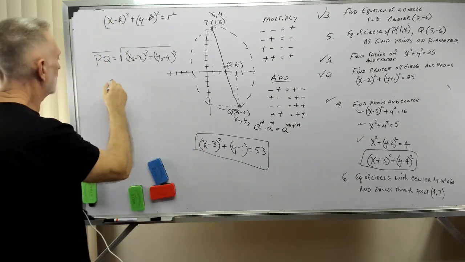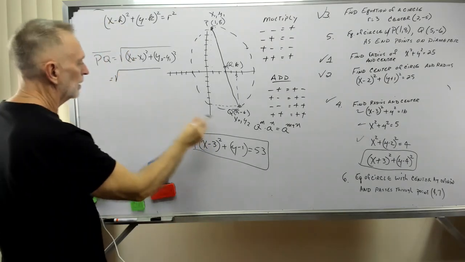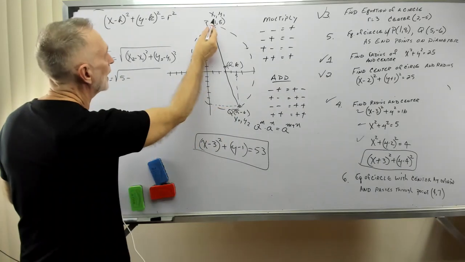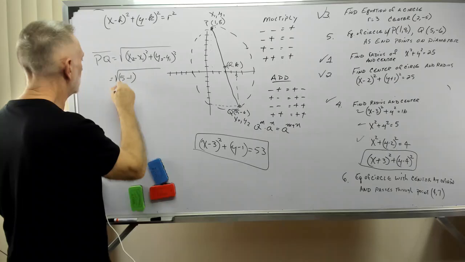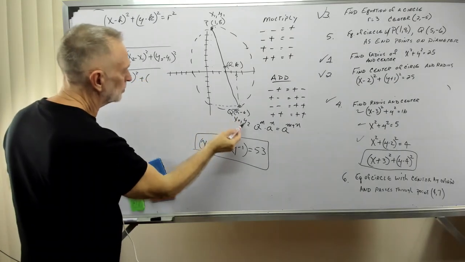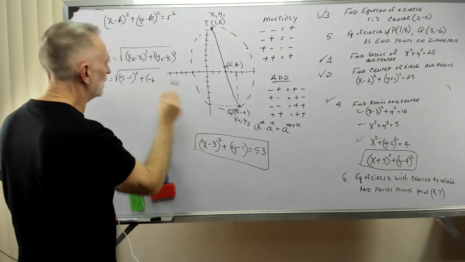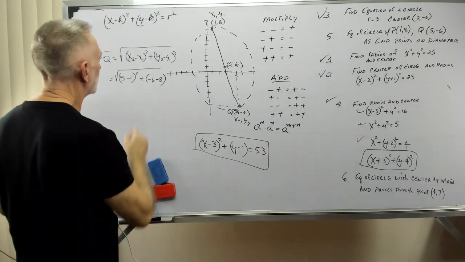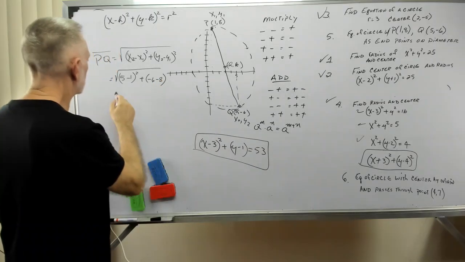So let's take x sub 2, which was 5, minus x sub 1, which was 1, squared, plus y sub 2, which is negative 6, minus 8, and the square root of that.